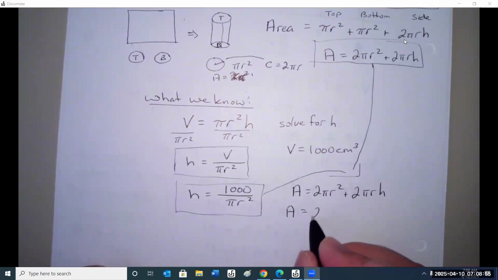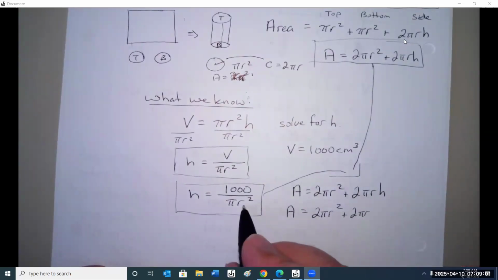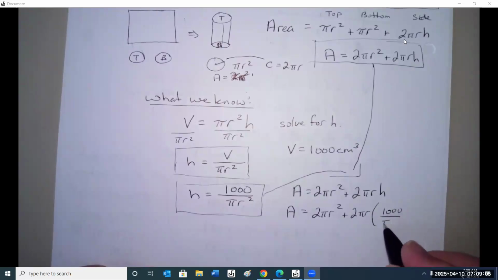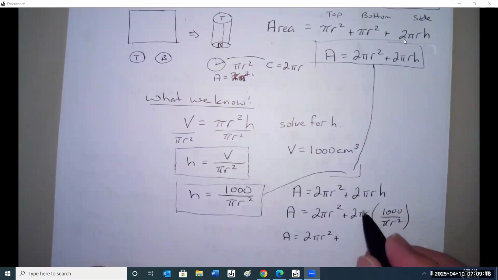H is 1,000 over pi r squared. Now we have to simplify. The pi's cancel.